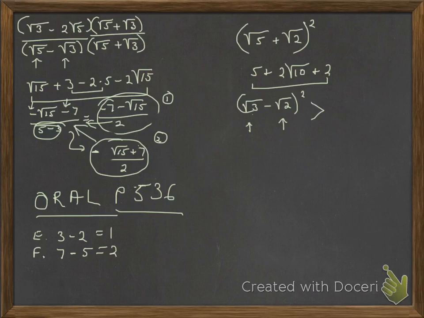Okay, so I will have 3 minus, that would be the square root of 3 times the square root of 3, which is 3. The last terms would be the square root of 2 times the square root of 2. Minus times minus is going to be a plus. So I'm thinking 3 plus 2. Do you see that? 5 minus 2 square root of 6.